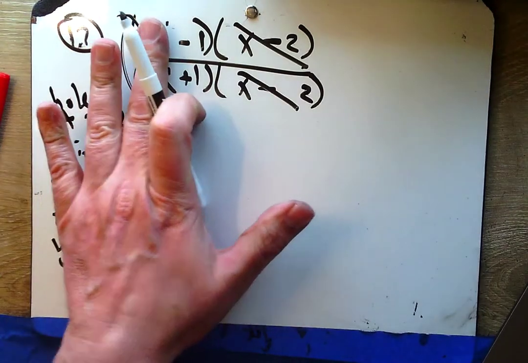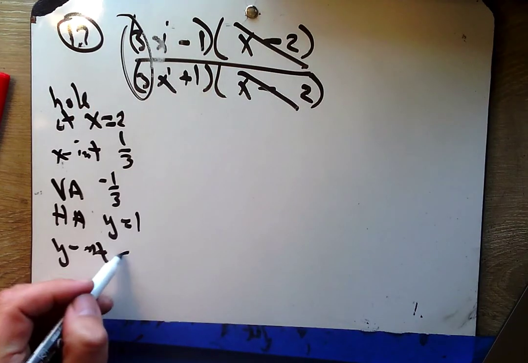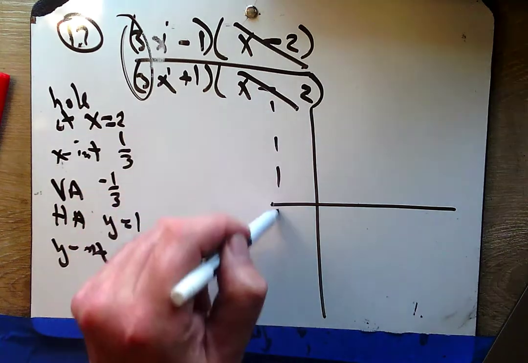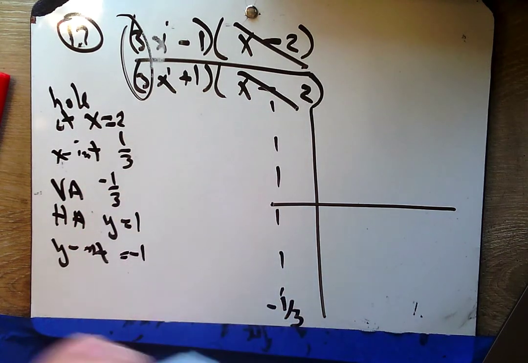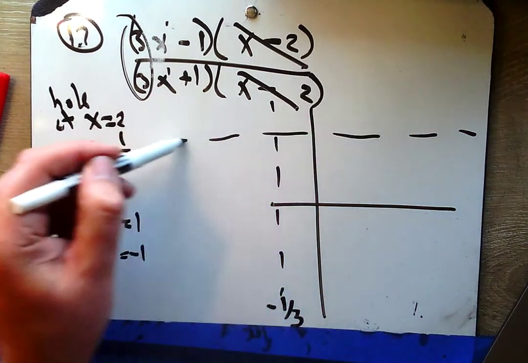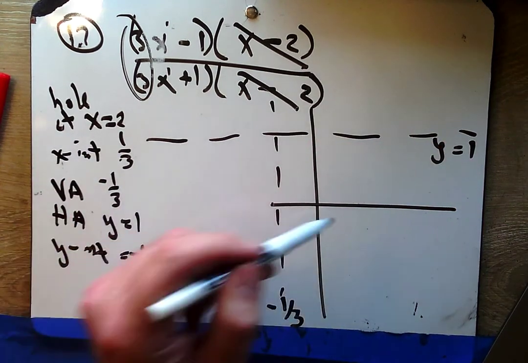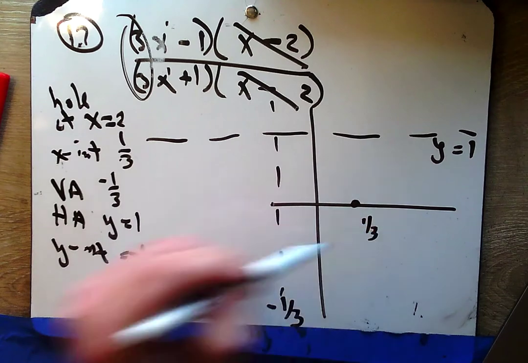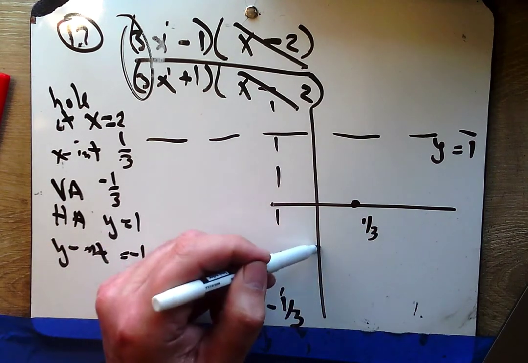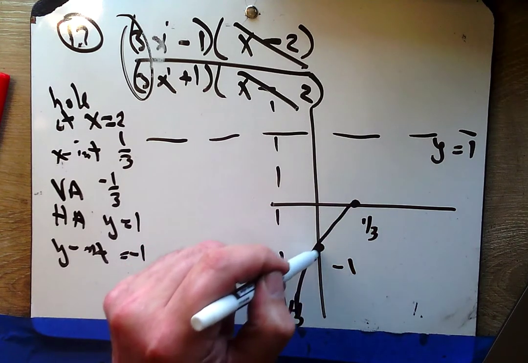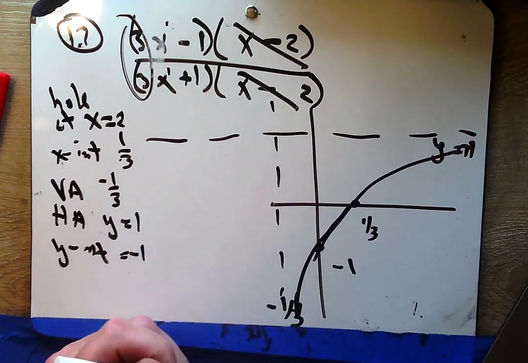If I plug zeros in for these, I get negative 1 over 1, which is negative 1. So vertical asymptote here at negative 1/3, horizontal asymptote at y equals 1, x-intercept of 1/3, y-intercept of negative 1, and I seem to be bending to these asymptotes.